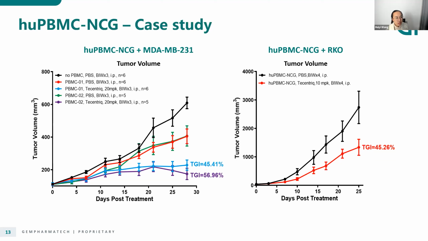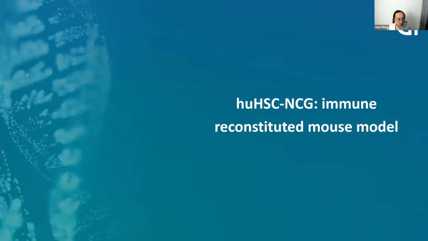Which means the PBMC NCG mouse model is a good mouse model to reconstitute the human T cells, and these T cells are also functional and could inhibit the tumor cell growth.